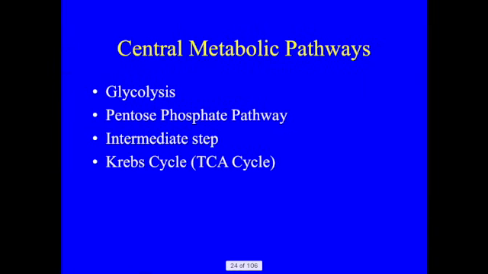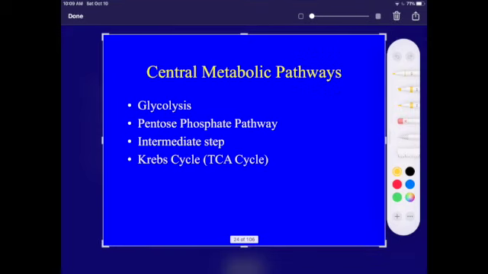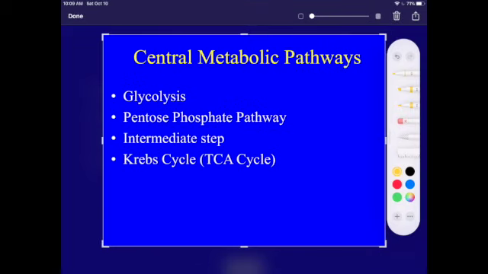Okay. So let's get into the nitty-gritty of this. The main ways that we're talking about aerobic cellular respiration, the breakdown of glucose, is done through some central metabolic pathways, or the CMPs. Cells will start the breakdown of glucose through either glycolysis or the pentose phosphate pathway.